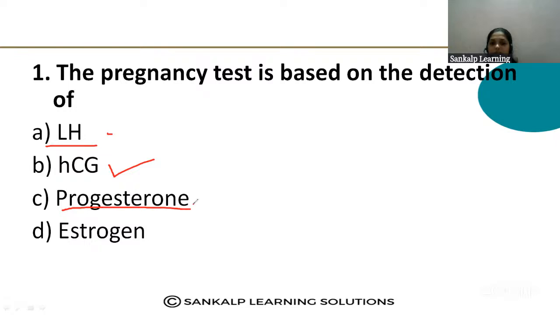Progesterone and estrogen are not used for the pregnancy test, because human chorionic gonadotropin can be observed in the urine. So this hormone is used for the pregnancy test. Understand why the others are not used.